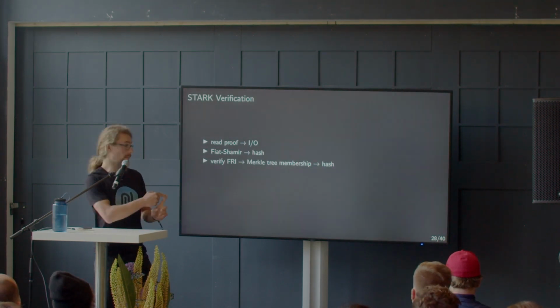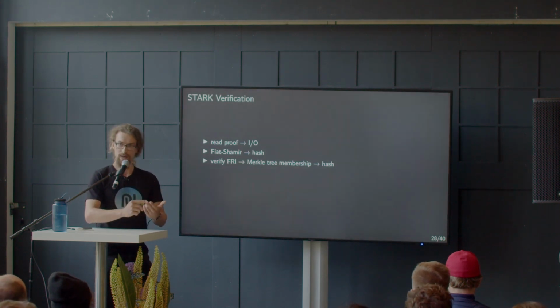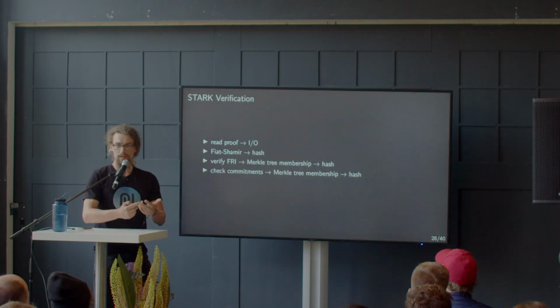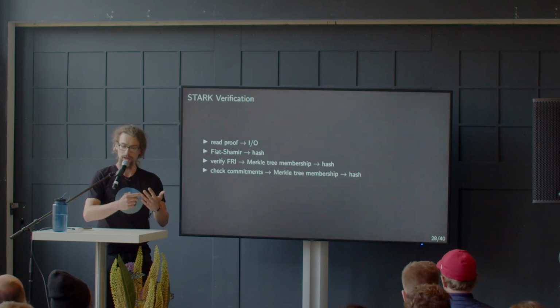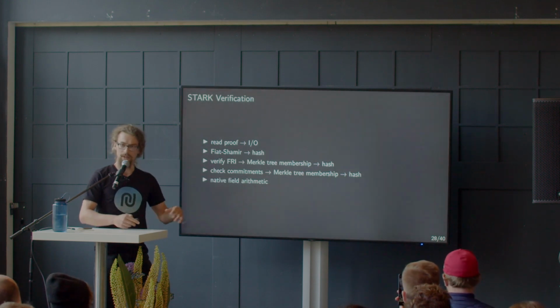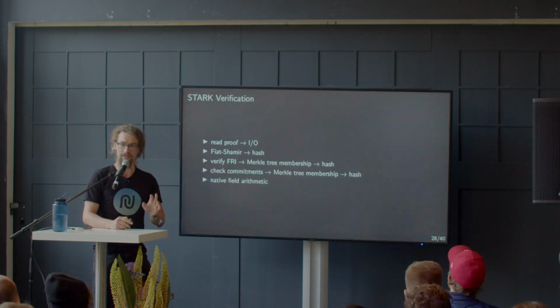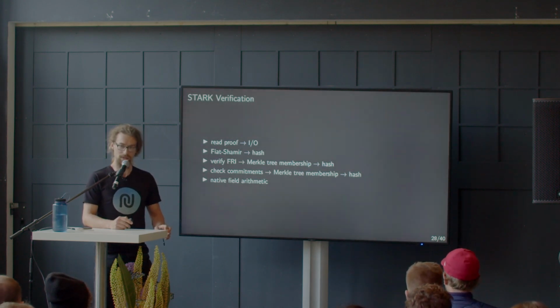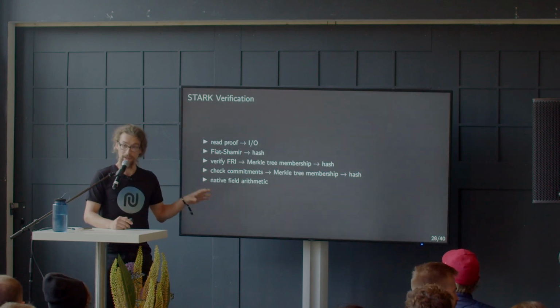We need to do some FRI verification, which means verifying Merkle tree membership, which means hashing. We need to check some commitments, which means checking Merkle tree membership, and which means hashing. And then we need to do some native field arithmetic, which our VM currently can't do, but that's easy to fix later. So apparently hashing is a really, really big part of it.